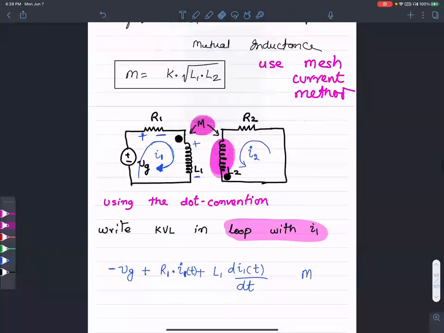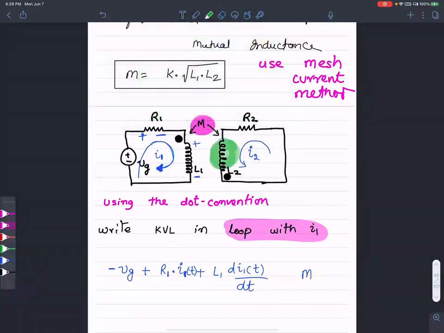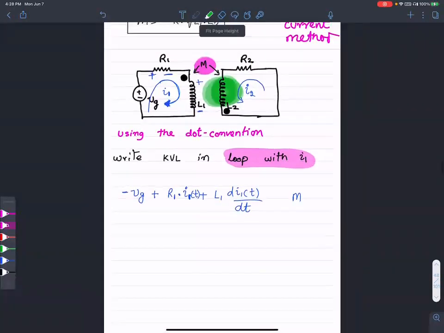So, to be accurate to my earlier diagram, there is a mutual inductance part coming from the green magnetic field: M dI2/dt. This is the voltage set up in the first loop because of the other inductor.